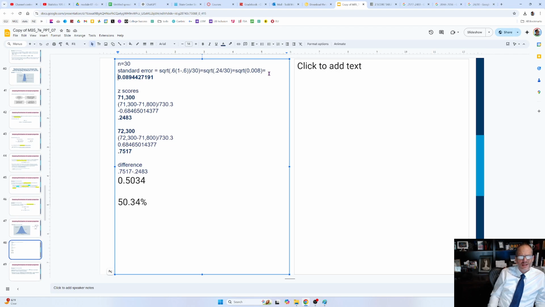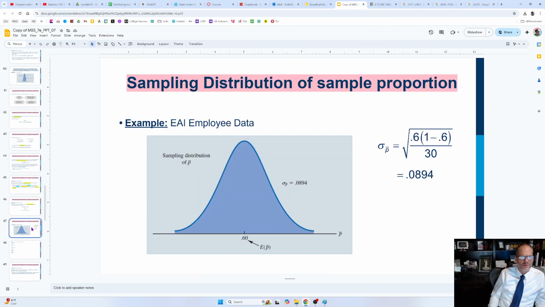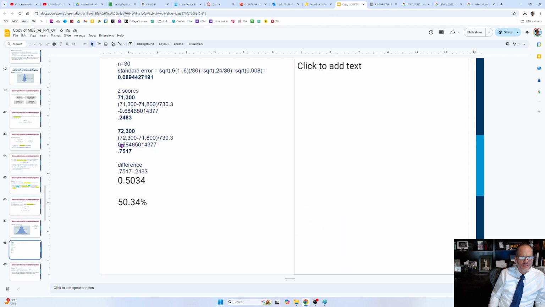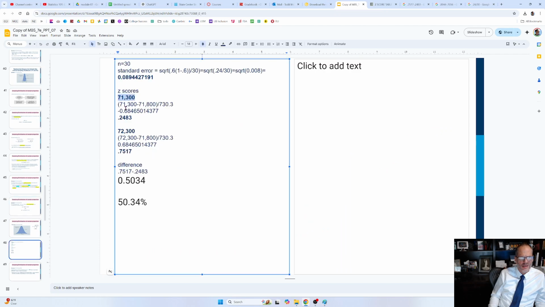Now that we have our standard error, we can start to think about our z-scores. Instead of these values here, this time we're going from 0.6, and it's going to be 0.05 each way. So the low one is 0.55, and this one's going to be 0.65.